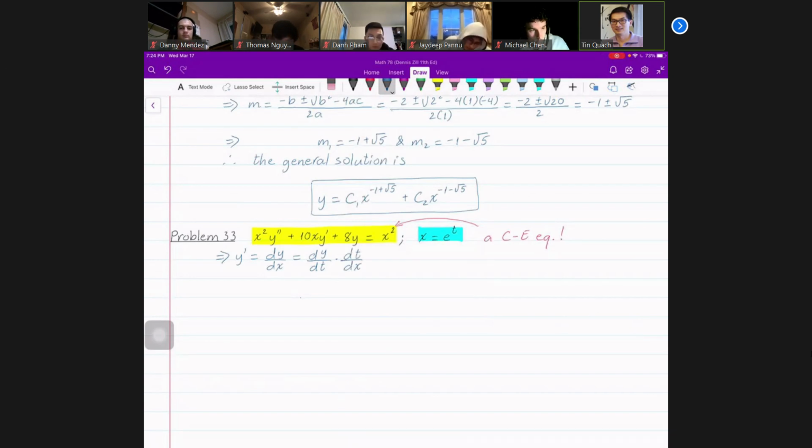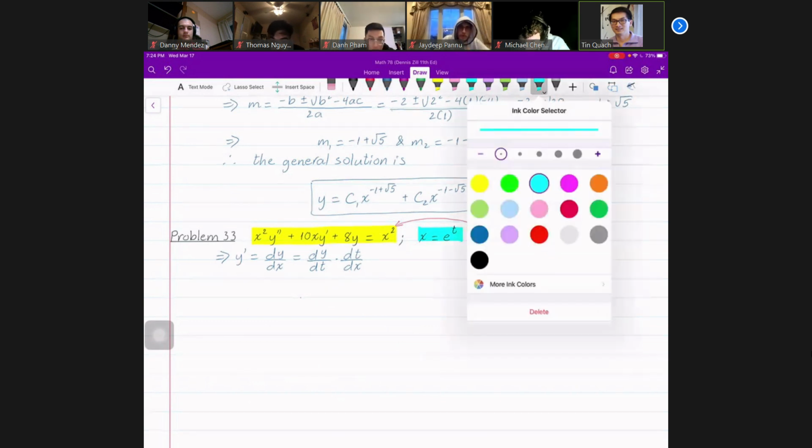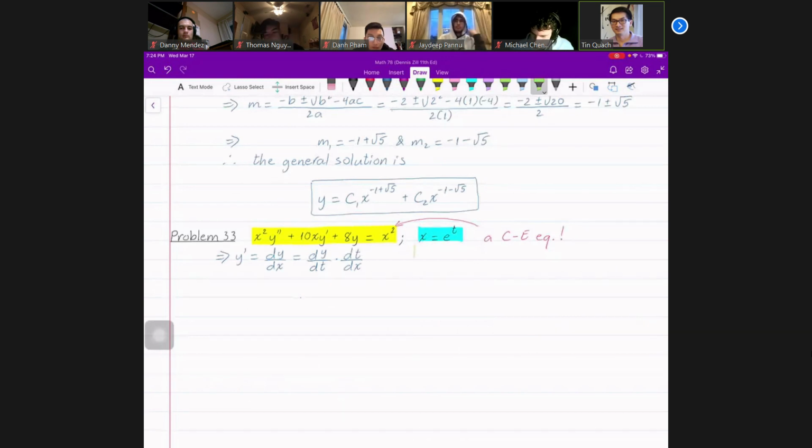So let's go over here and find out what this is. Okay, so right here. So I'm going to separate. Okay, so on the right side, if I want to find out what dx dt is, it's going to be e to the t, right? So from here, then I know dt dx is the reciprocal, okay?